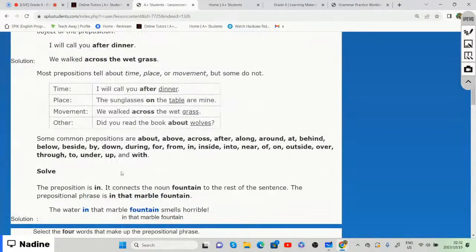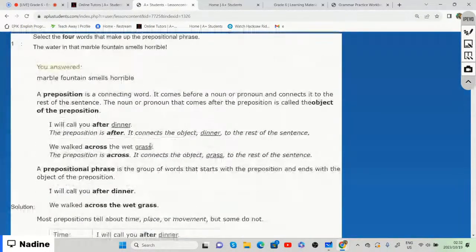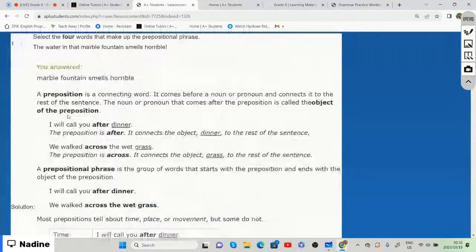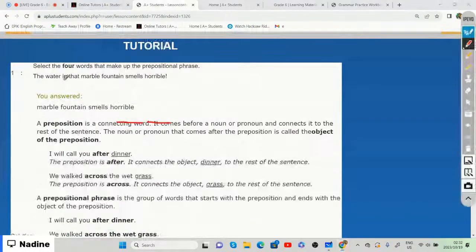In this case, we can say in the marble fountain. That is our prepositional phrase.